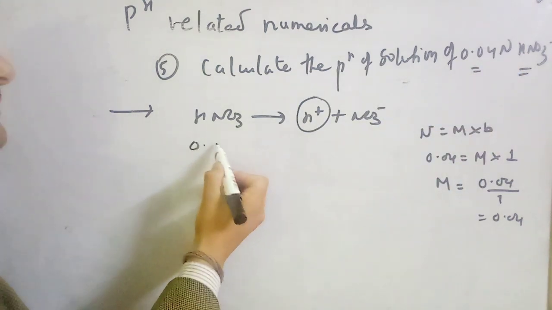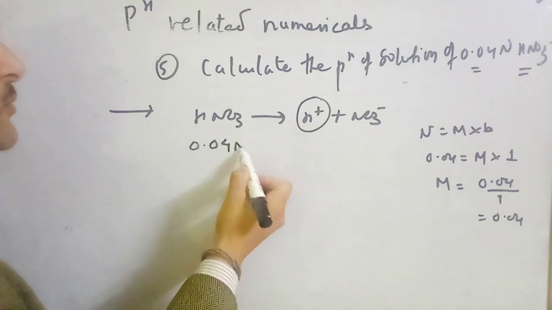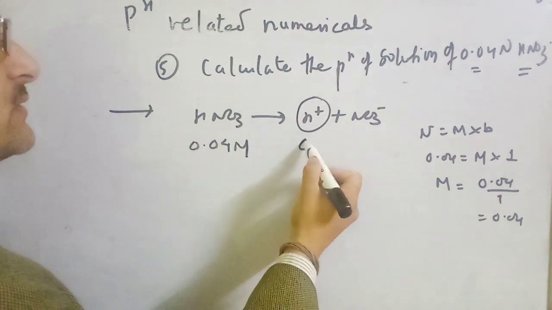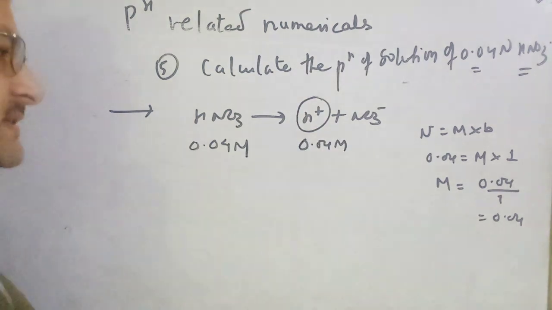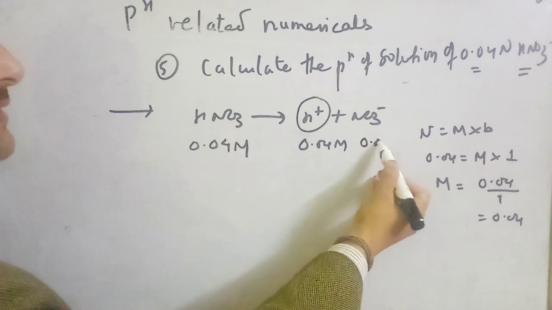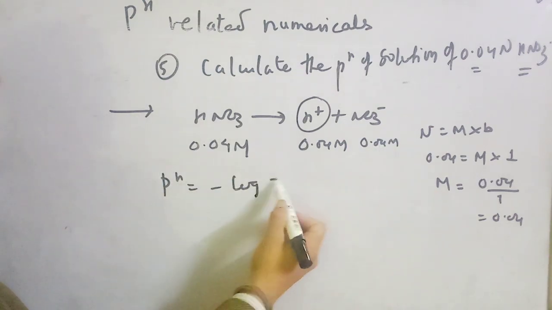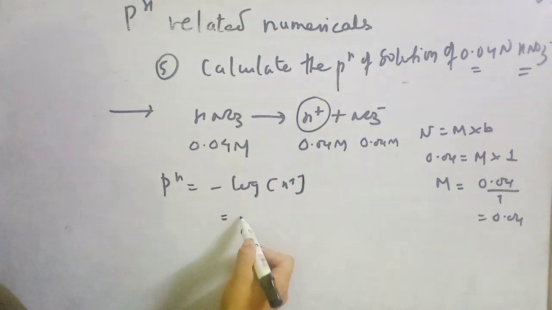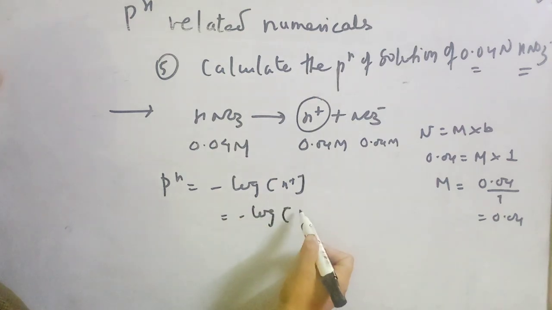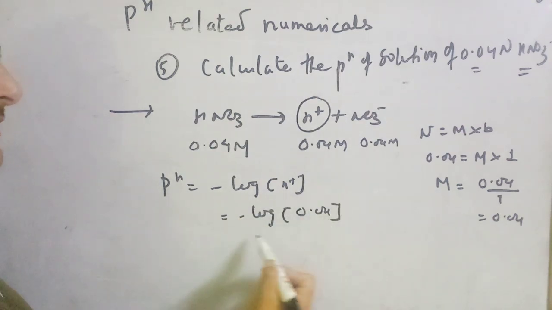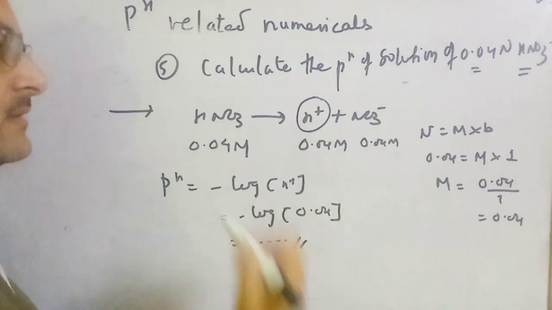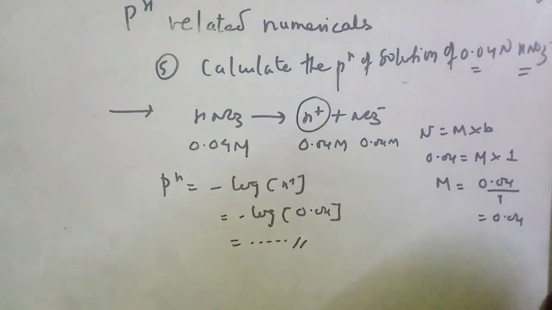Therefore HNO3 molarity is 0.04 molar, and it also gives 0.04 molar H plus, and similarly 0.04 molar nitrate. So what is the pH now? pH equals minus log hydrogen ion concentration, that is minus log 0.04. So you can get the value here.